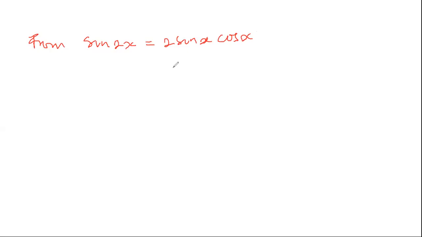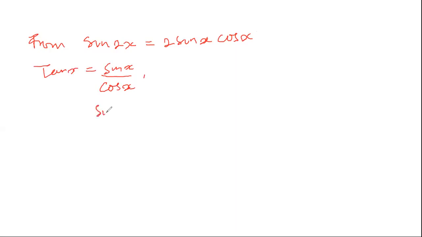To do that, we need to create, because our tan x is equal to sine x divided by cos x, sine x over cos x on the right hand side without changing its meaning.